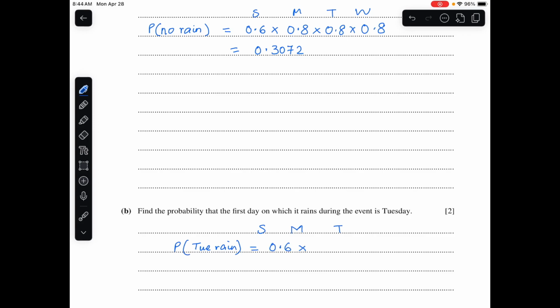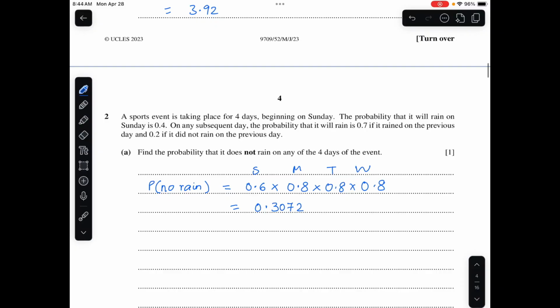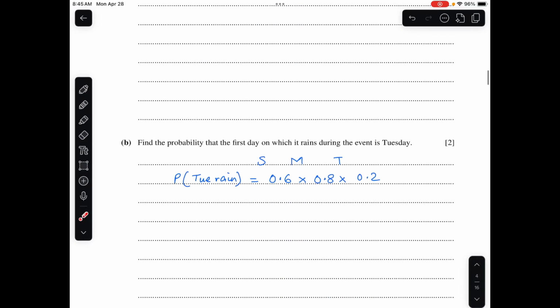It doesn't rain on Monday, so 0.8. And then it should rain on Tuesday. So the probability of raining, if it didn't rain on the previous day, is 0.2. Yeah, you can see over here. So this works out to be 0.096.